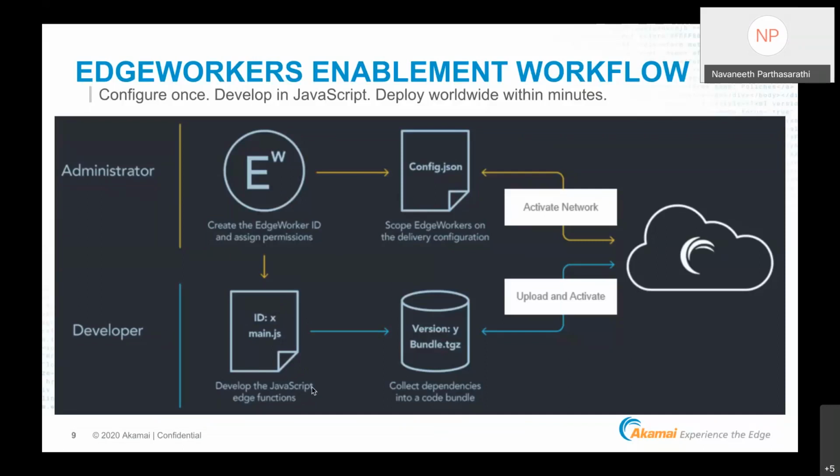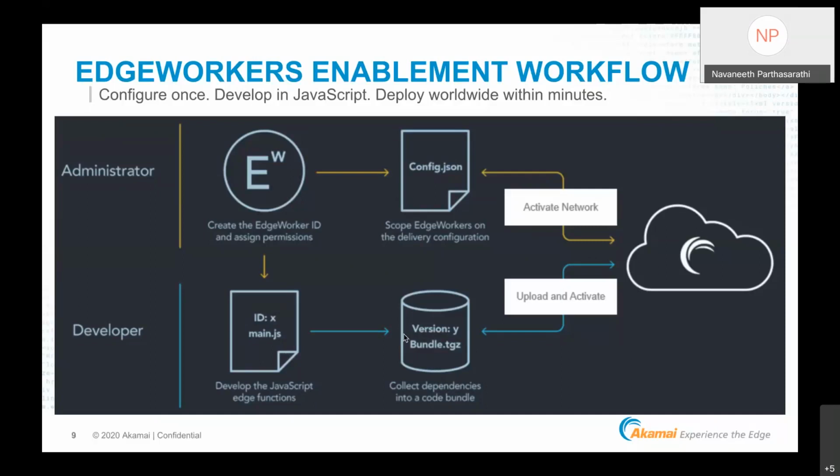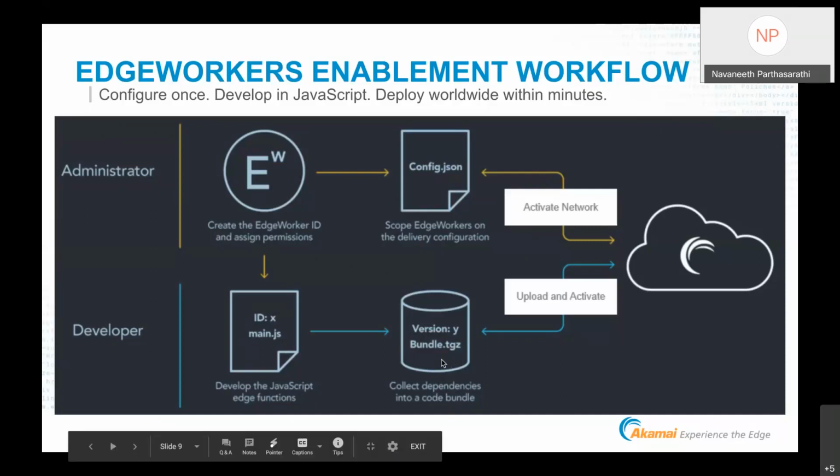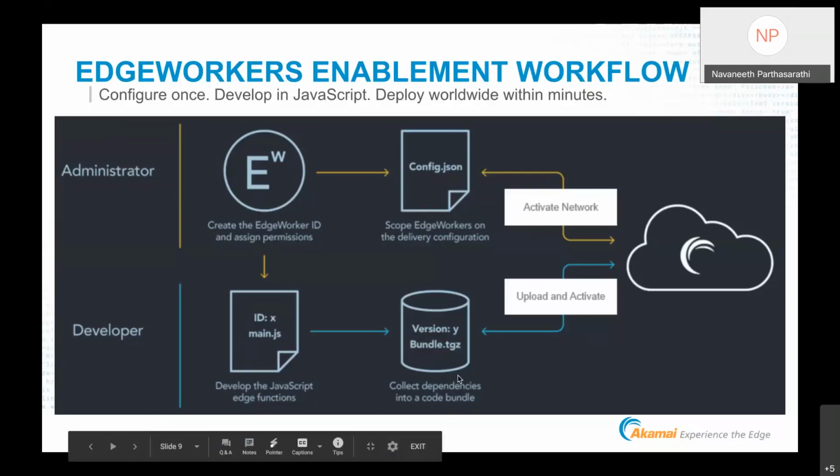This is the actual code base which gets executed through the JavaScript execution engine. Then we also have the version details in a flat file, which is bundled together in the form of a bundle file. This is uploaded into the Akamai cloud so that it can be executed based on the conditions.